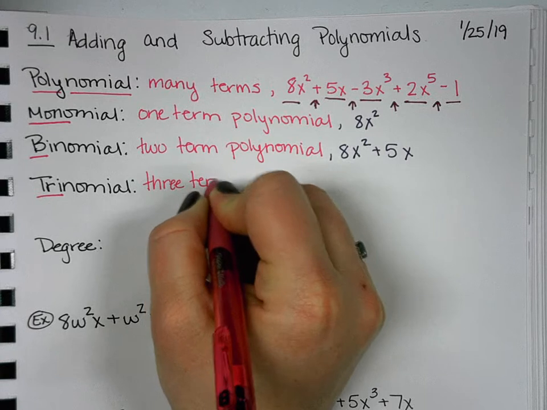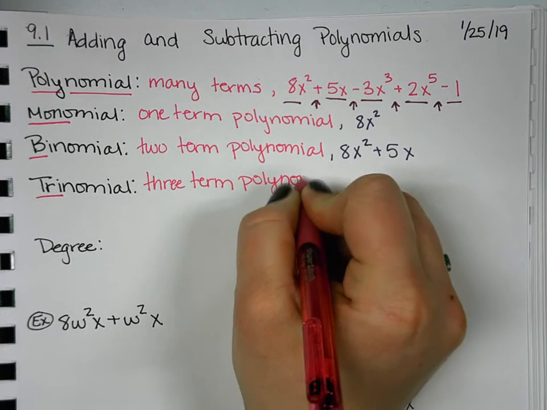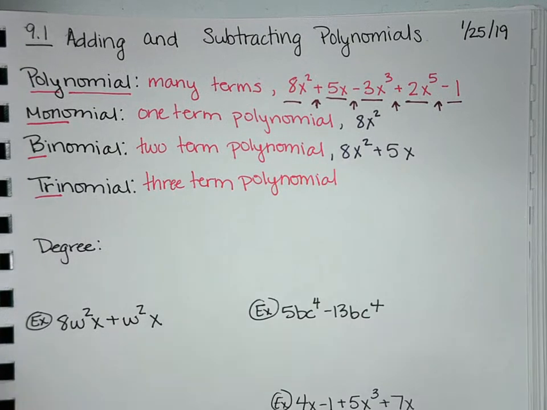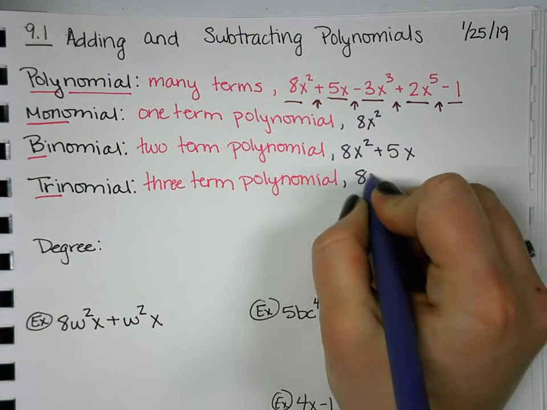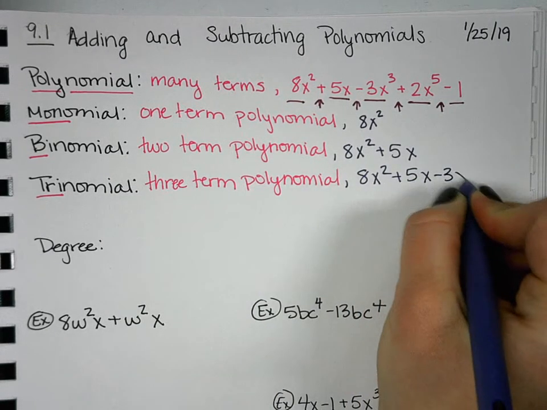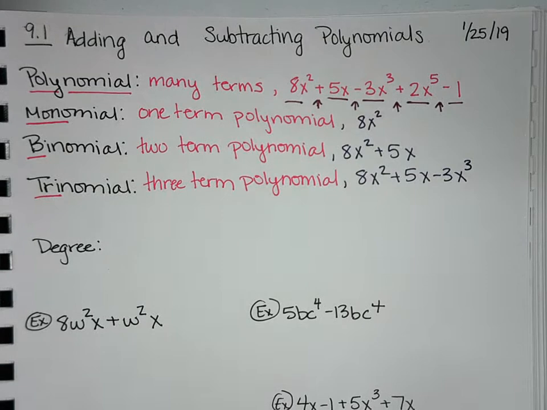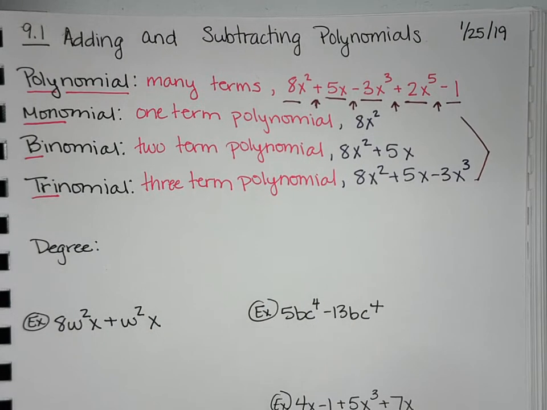A 3-term polynomial. So that would be like 8x squared plus 5x minus 3x to the third. There's 3 terms. Now again, all of these are classified as polynomials. It's just these 3 down here are special types.